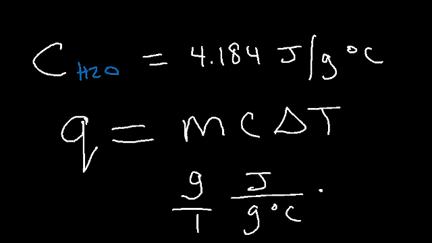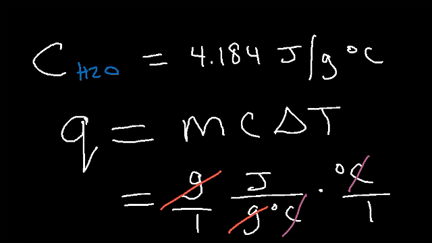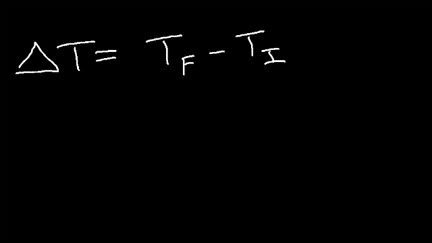And the temperature difference, or temperature change, is usually in Celsius. So notice that the unit Celsius cancels and grams cancel. So Q is the heat energy in joules. Delta T is the temperature difference. It's the final temperature minus the initial temperature.